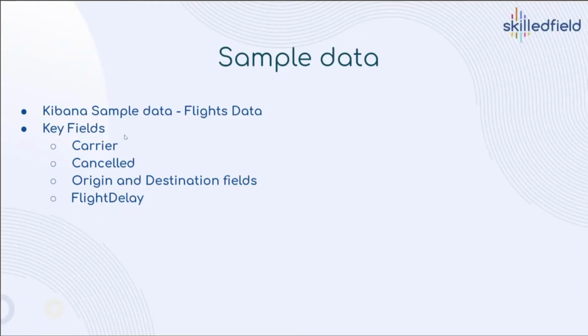Some of the key fields within flights data include the carrier field, which is the name of the airline, and then we have information about cancelled flights, so whether the flight has been cancelled or not. Then we have some fields for origin and destination of the flights, and if we have a flight delay, we are capturing that information in delay fields as well.